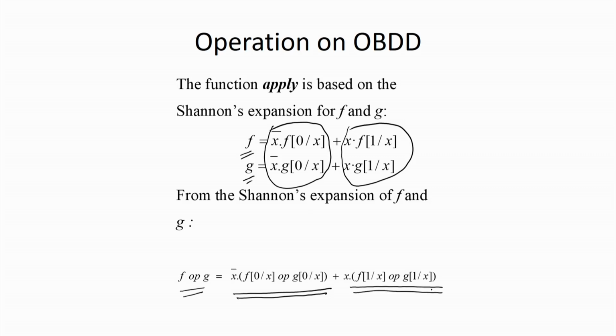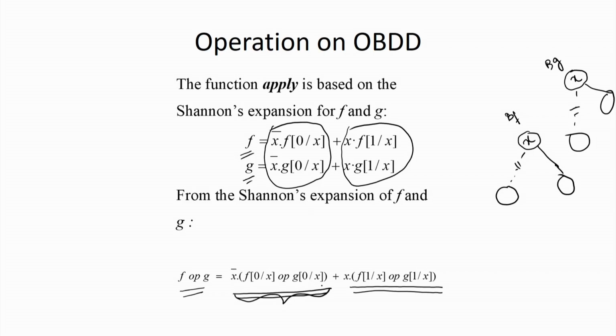In a BDD, x equal to 0 has some evaluation, and x equal to 1 also has some evaluation. So, this is say BF and this is your BG. This is the construct, and if both have that variable x, then for x equal to 0 we are going to have this particular part, and for x equal to 1 we have this particular part.